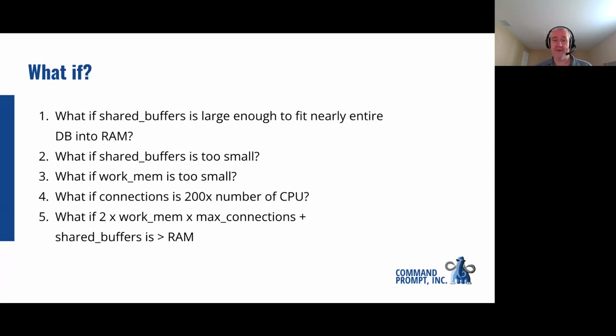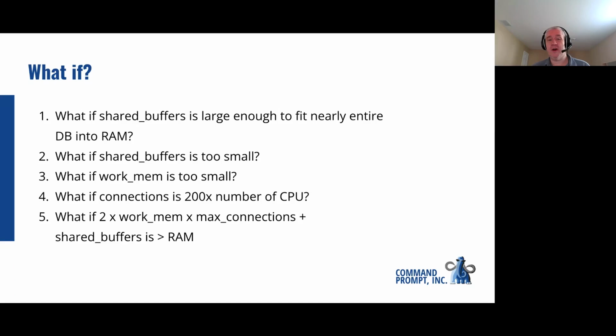What if number 5? So this is an edge case. I mentioned that work_mem, under certain conditions, the connection can actually allocate double the size of the work_mem. So that's generally what we use.